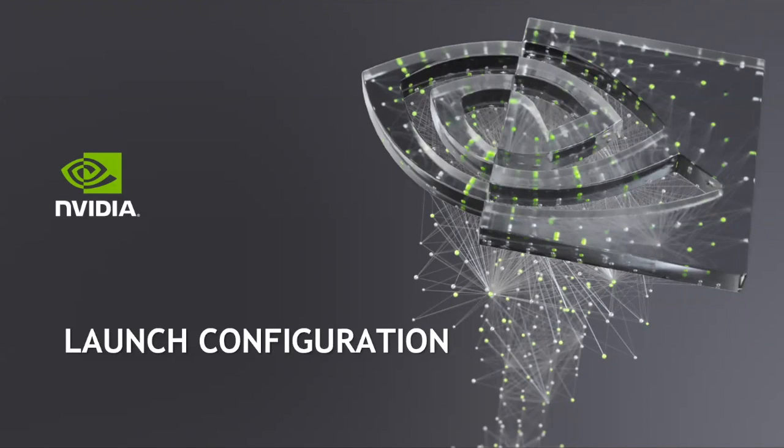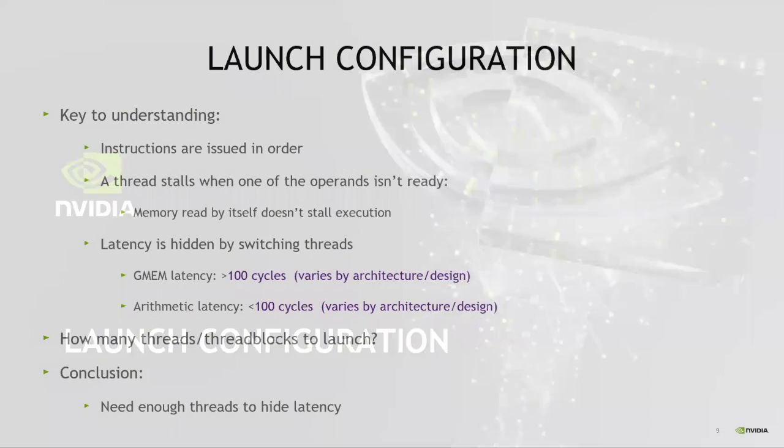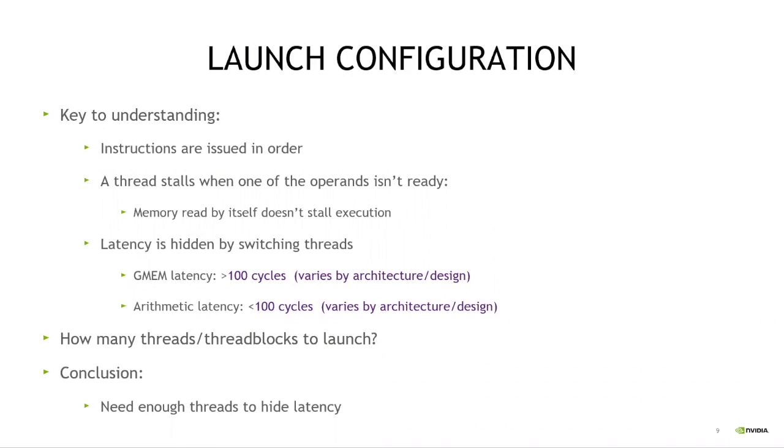Now we want to understand why the GPU needs to have a lot of threads from a performance perspective. It doesn't require a lot of threads from a functionality perspective. You can write a syntactically correct program that gives you the right answer using a single thread. It will run quite slowly in many cases, okay? But we want to understand in more detail why this is.